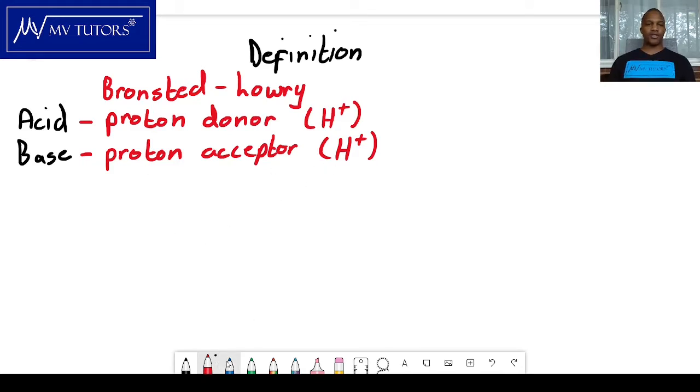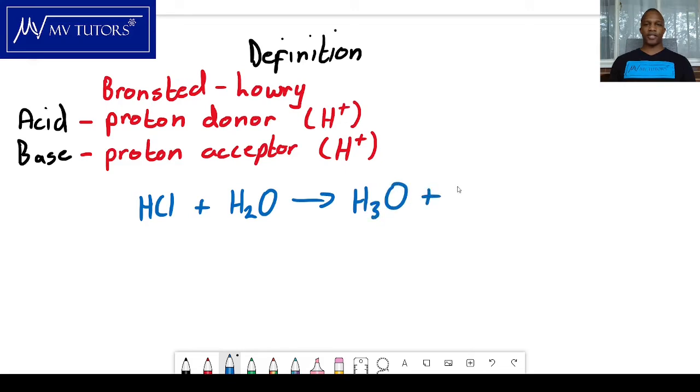So let's do a quick example. Let's say we have HCl plus, let's add water into it, H2O. That will give us H3O plus Cl. Okay, so let's just look at these two.